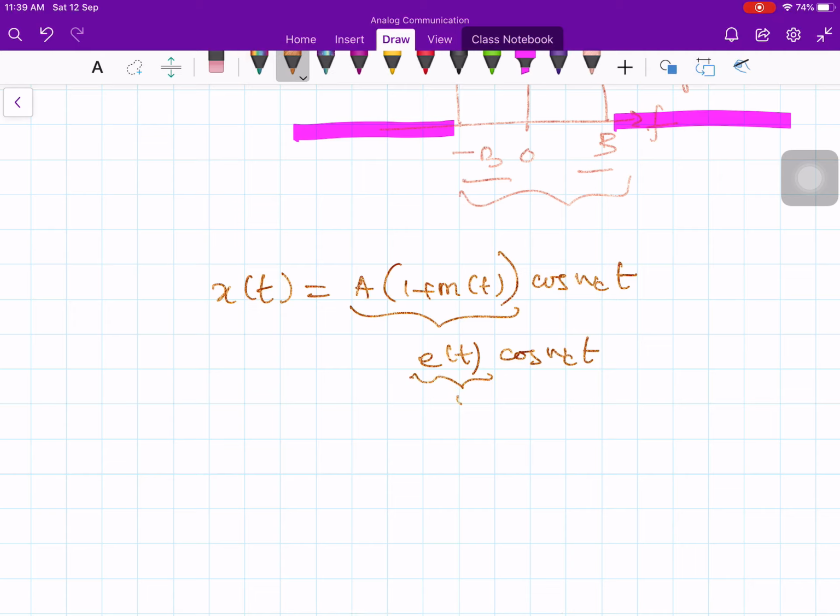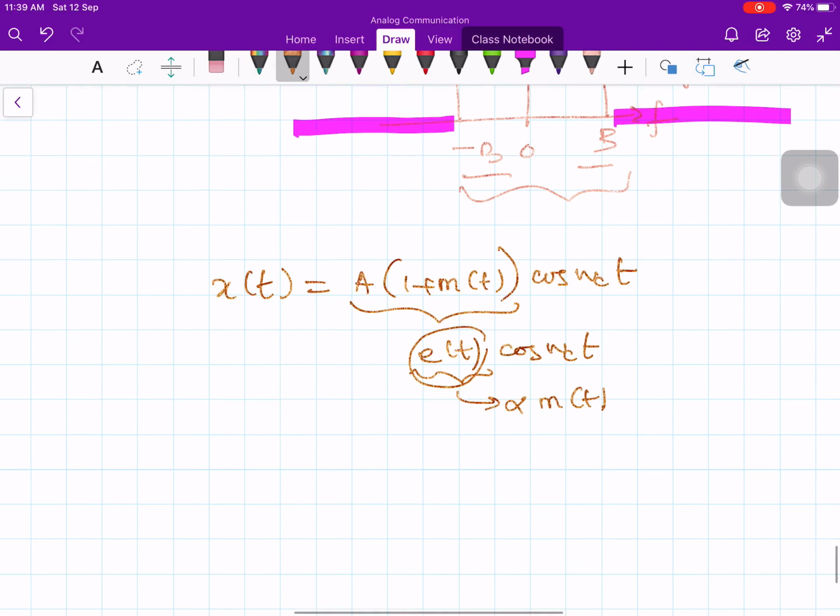What is E of t? E of t is proportional to m of t. That's what we argued till now. Therefore, for this E of t, you take the Fourier transform, I mean essentially you are taking the Fourier transform of m of t, and that is multiplied by cos omega ct.